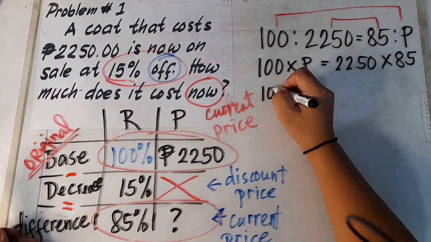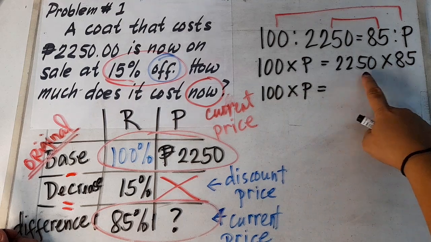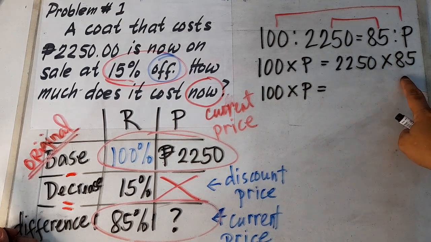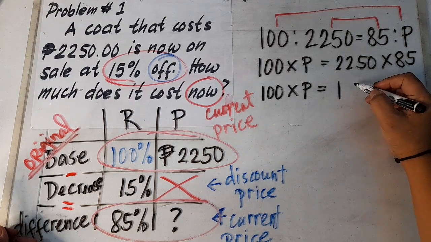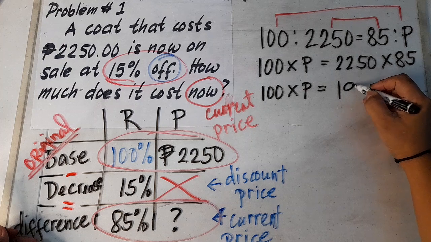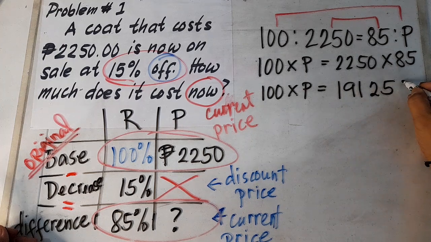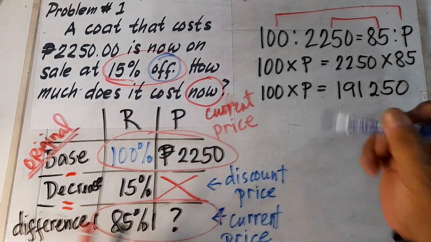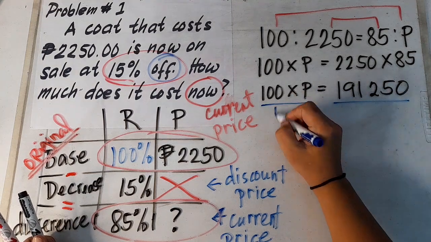So, sa left side natin, 100 times P. Is 2,250 times 85 is 191,250. Okay? We divide both sides sa kasama ni P, which is 100.